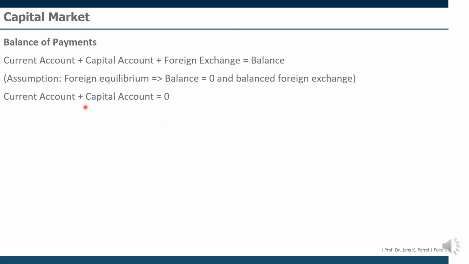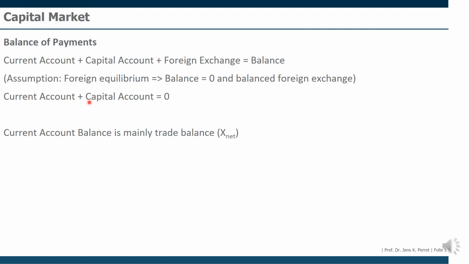And well, we also know that the current account is dominated, especially in almost all industrialized countries, by the trade balance, the trade of goods and services. So here, instead of writing the current account balance, we could also write the net exports. So we can replace this part with the net exports, the difference of exports and imports.